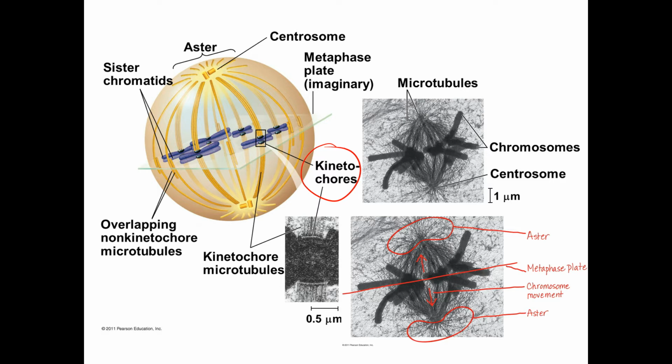These spindle fibers are being produced from your centrosome. Now you also have these shorter microtubule fragments that we call asters. These asters attach to the cell membrane as a point of anchorage.